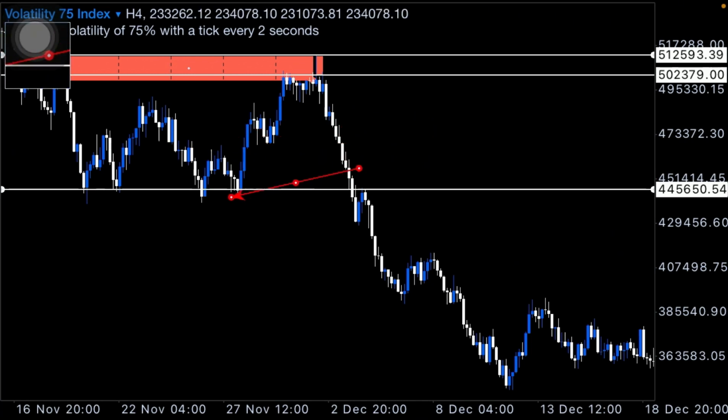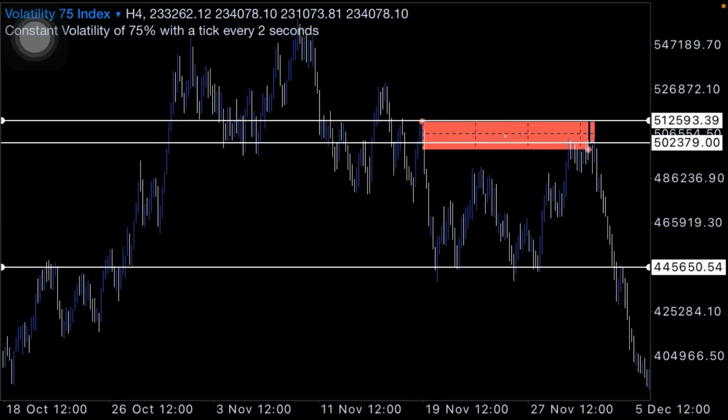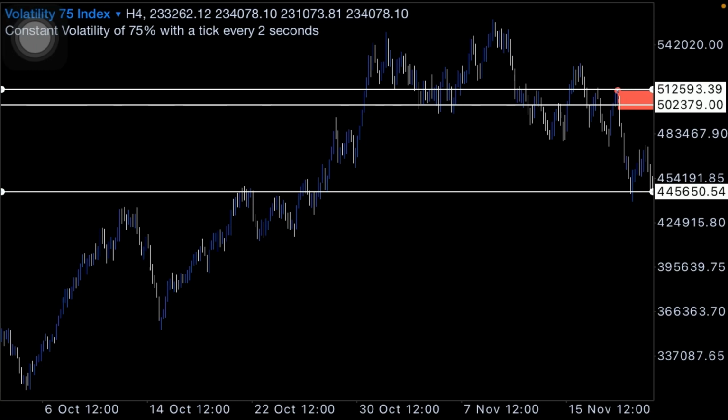Why? Because there's a strong support here. Price has rejected this multiple times. There's high chance price will break this line and continue down or return. So this is where my take profit will be.